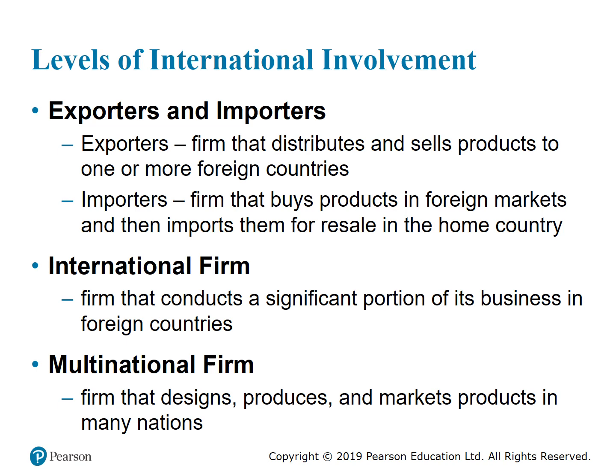Exporters can be defined as organizations that make products in one country to distribute and sell the products in other countries. On the contrary, importers are defined as organizations buying products in foreign markets and bringing them home for resale.